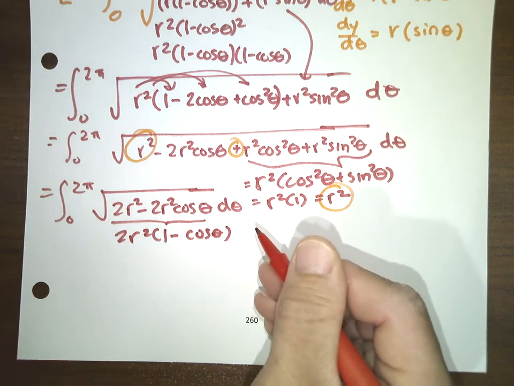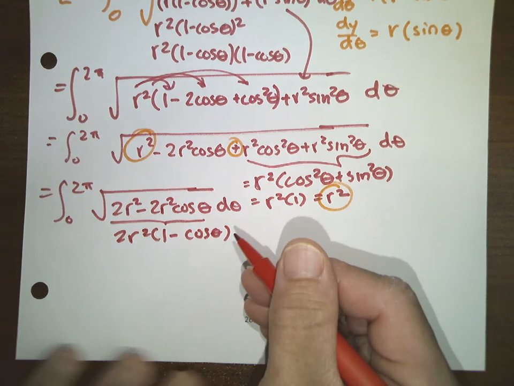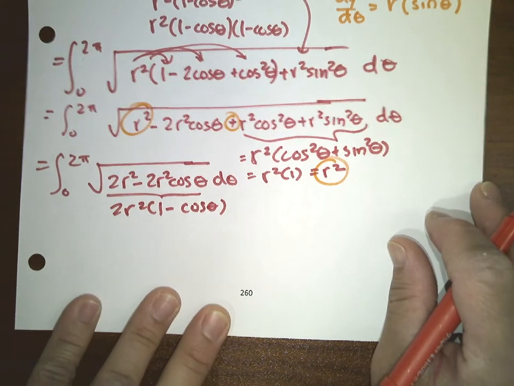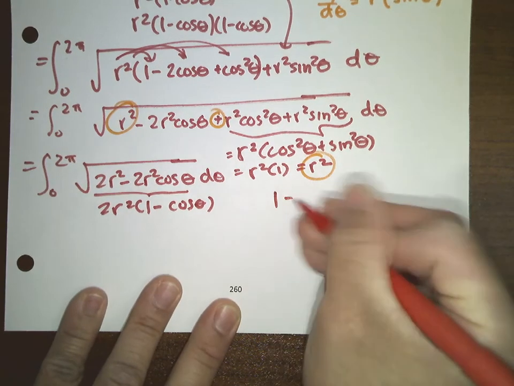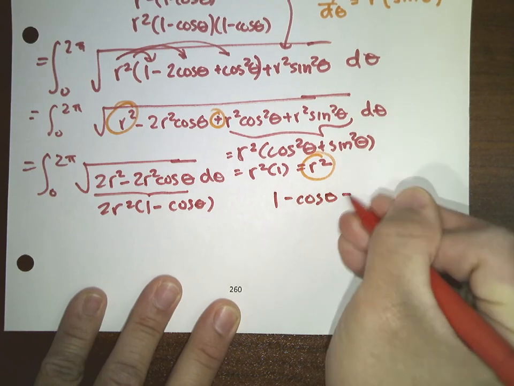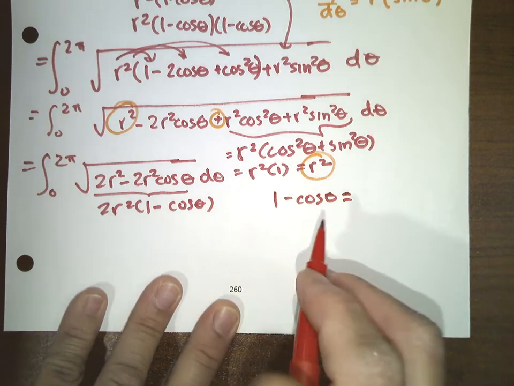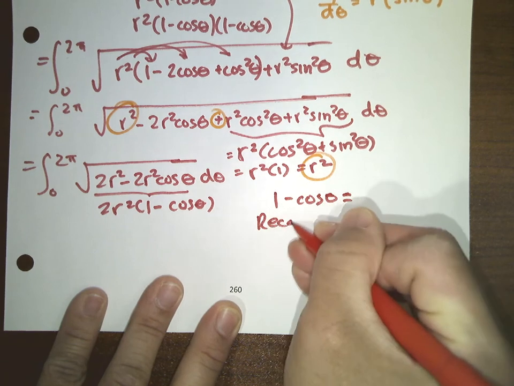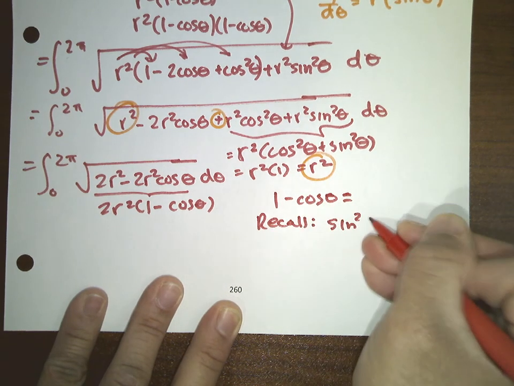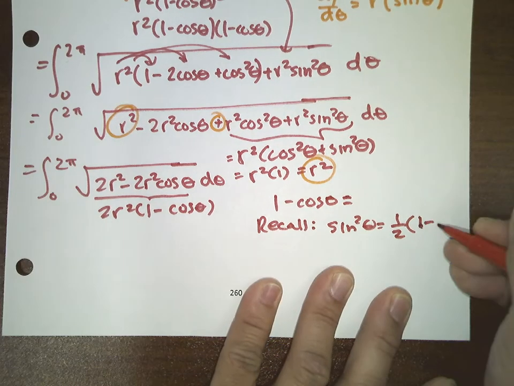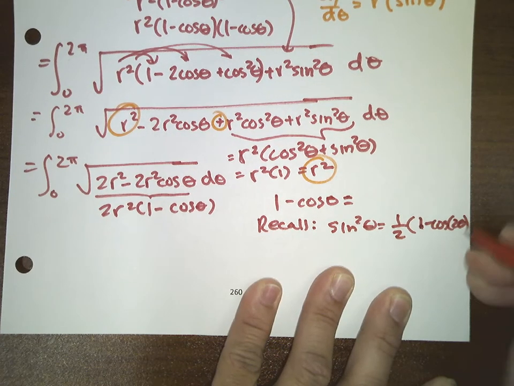And then if I know my trig identities, and remember, it's important to remember all of these for the rest of your life, all right? So then 1 minus cosine of theta, well, how do I want to deal with that? Well, recall that sine squared theta is 1/2 times (1 minus cosine of 2 theta).